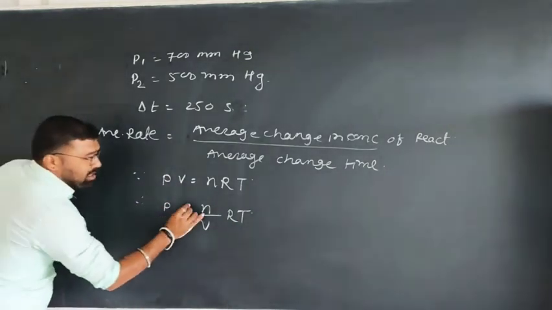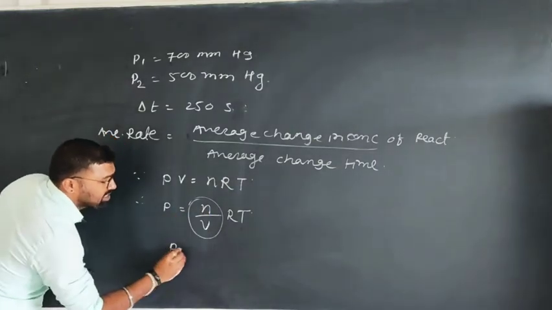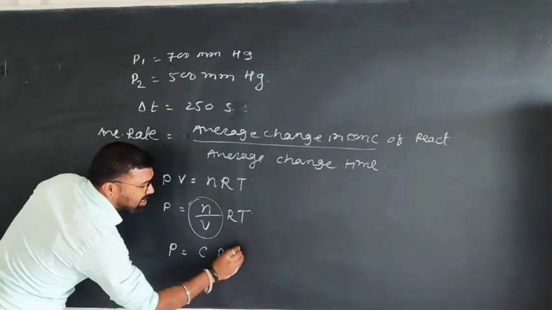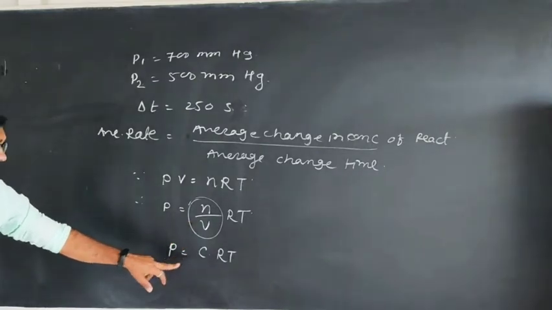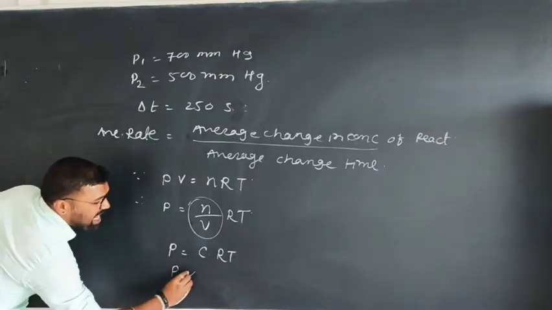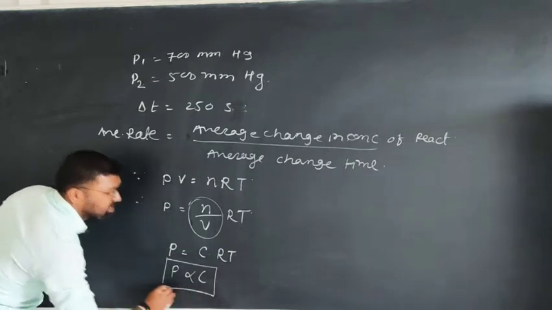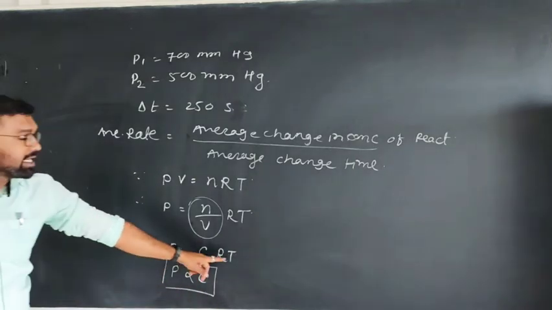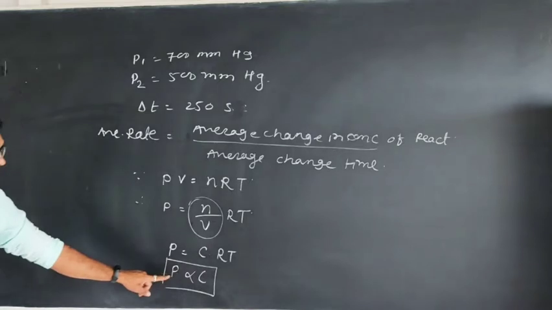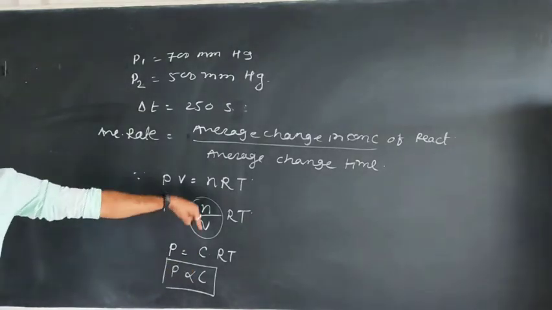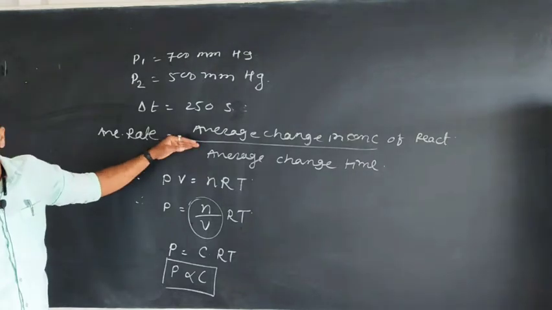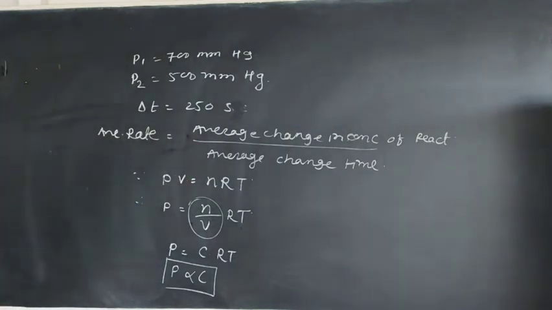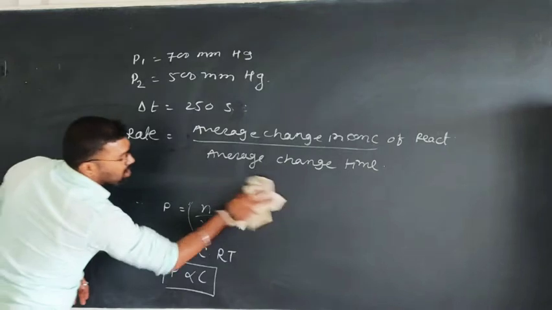Then the ratio n upon V is nothing but the concentration C. Number of moles in a given volume is the concentration. That means P is directly proportional to C. Keeping temperature constant, pressure is directly proportional to concentration of a particular reactant. So this formula can be written in terms of pressure too.